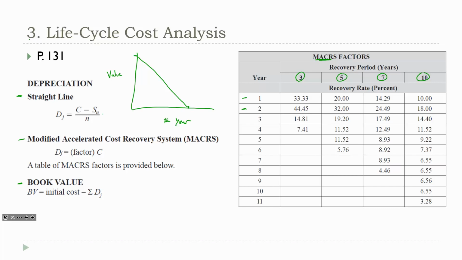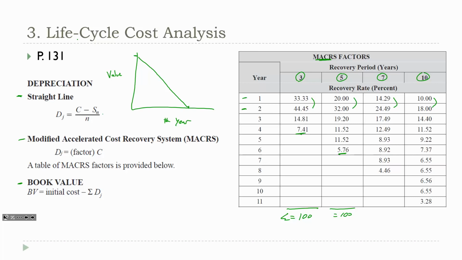You can see that for most of these, the first 2 years is when the majority of the value of the machinery is depreciated, and then it tails off as you go along. If you sum each of these columns, what do they equal? The sum of each of these columns is going to be 100, which means using this depreciation method, by the last year you've fully depreciated the value.